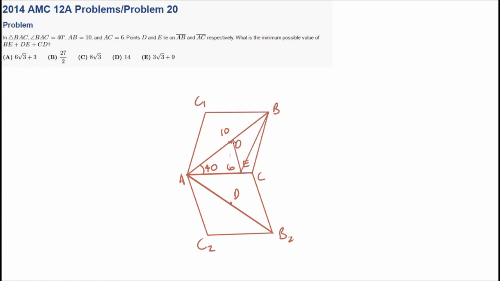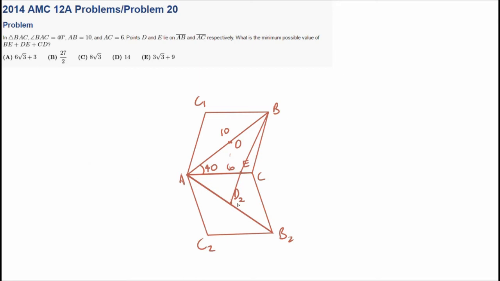But instead of drawing the next line to D, since the next portion is DE, we're going to draw it to the second D, because since it's reflected, the distance is equal. So I should mark it down. This is D2. D2E is equal to DE because, of course, it's just a reflection.